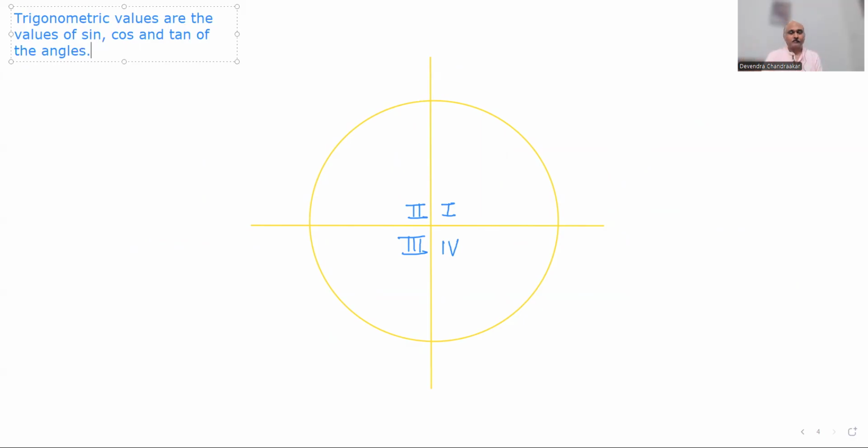Now, this is the first quadrant: 0 degree, 90 degrees, 180 degrees, 270 degrees, and this is 360 degrees, right?